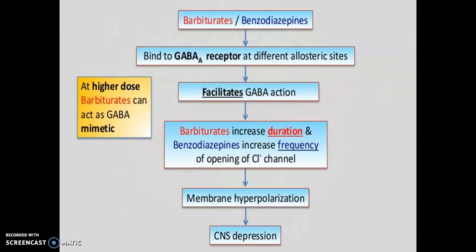This is the flow chart. This is how the barbiturates or the benzodiazepines show their action as CNS depressants. In the first step, the barbiturates or the benzodiazepines bind to a GABA A receptor at different allosteric sites. So benzodiazepines or barbiturates bind to their respective sites, which are called allosteric sites.